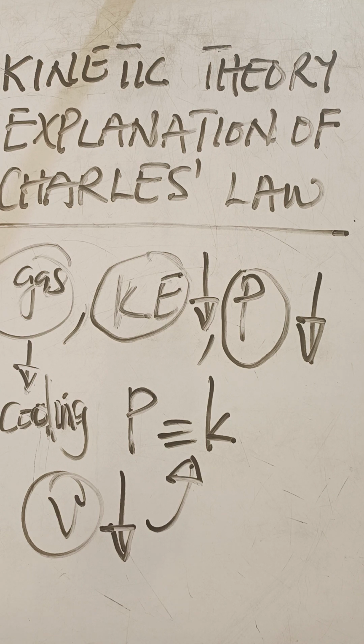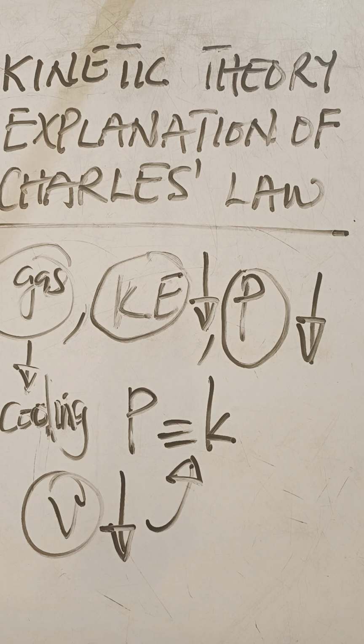When that happens, the number of effective collisions per second made to the walls of the containing vessel will increase, thereby increasing the pressure. So to correct the pressure's increment, you need to increase the volume of the gas to keep the pressure in a constant state.